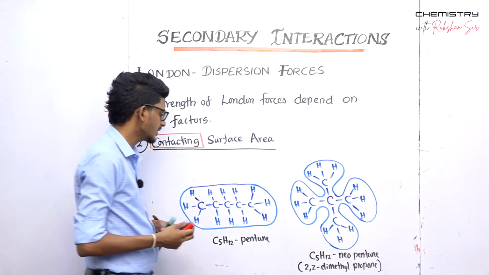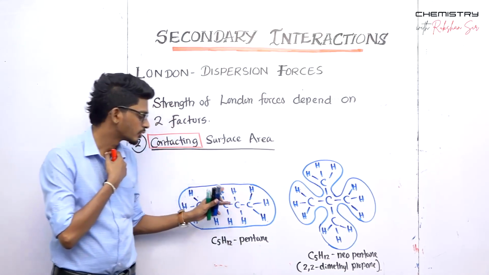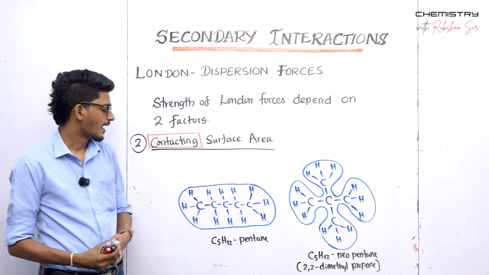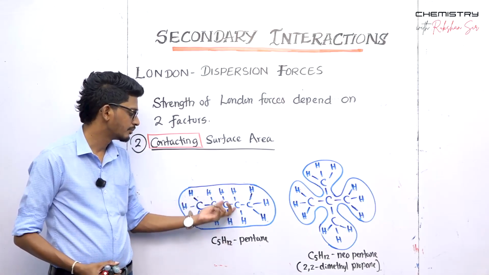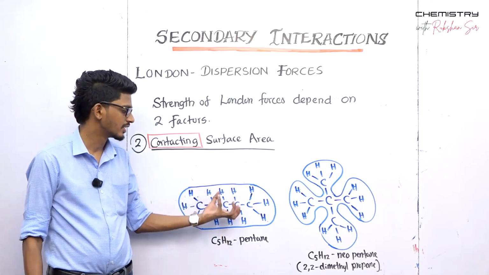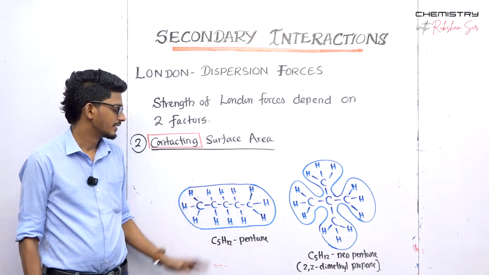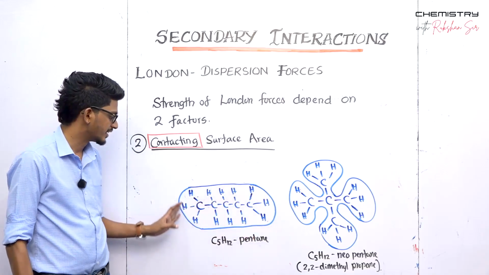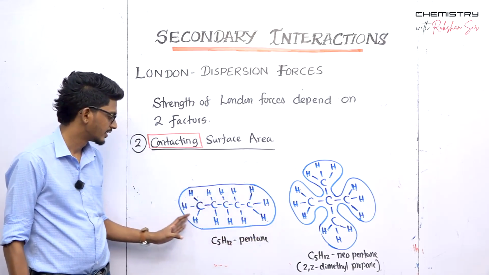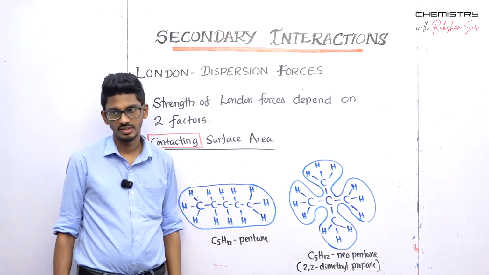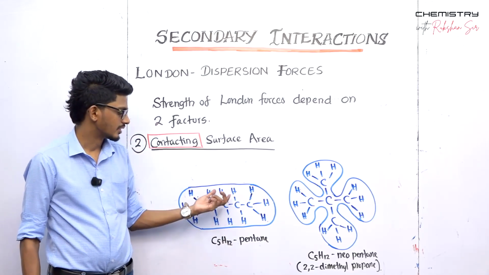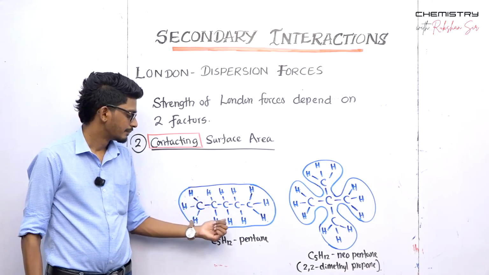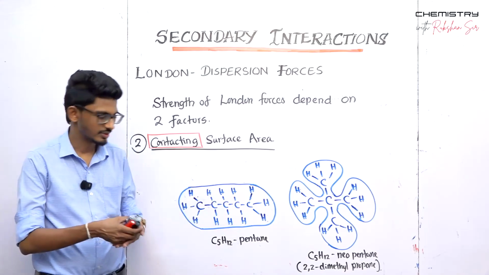If this pentane molecule is to connect with other pentane molecules, it can use all of its surface area to make interactions with them.